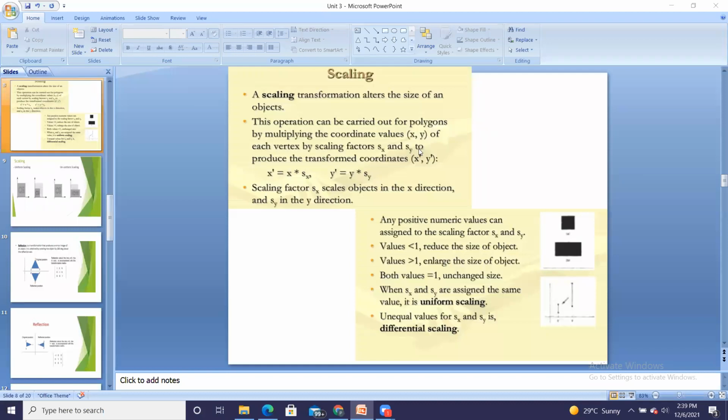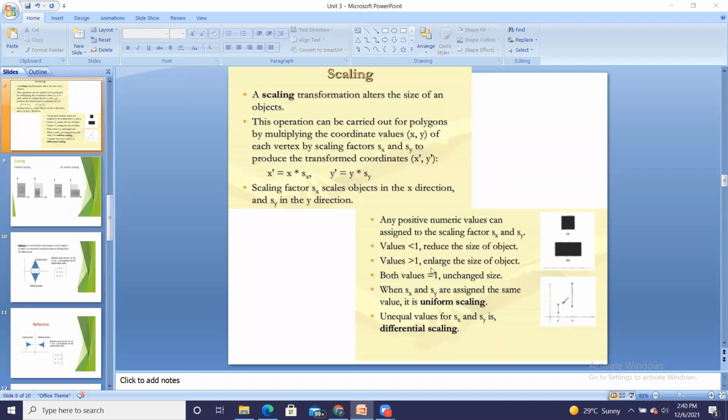And when we scale with sy, we change the size vertically, along the y-axis. The relation between the new and old coordinates is that the new coordinates x dash, y dash are x into sx and y into sy respectively. So sx is the scaling in the x direction, sy is the scaling in the y direction.